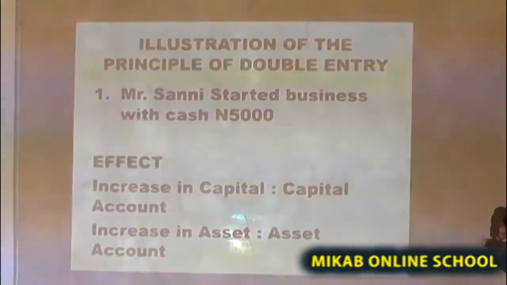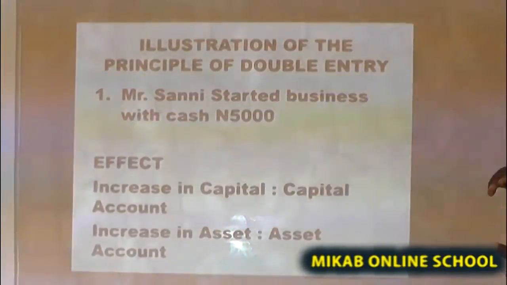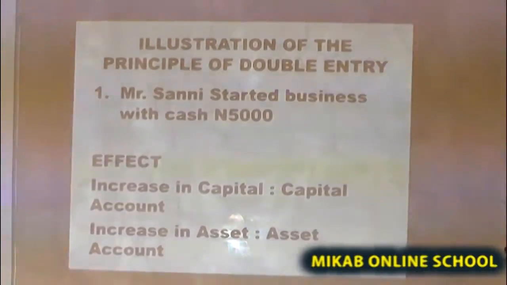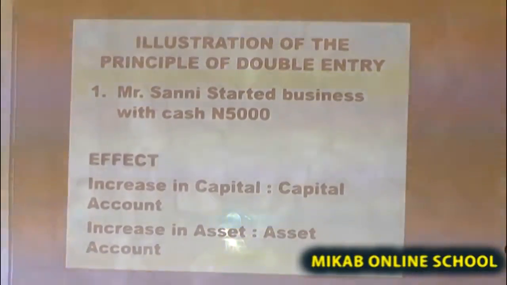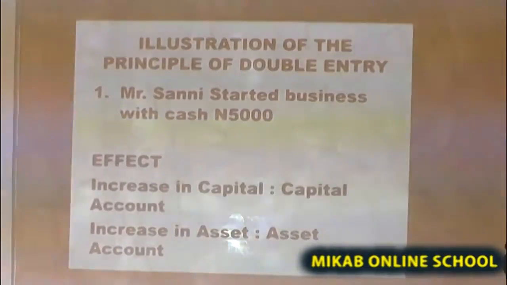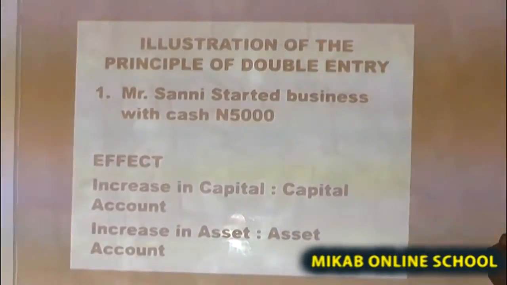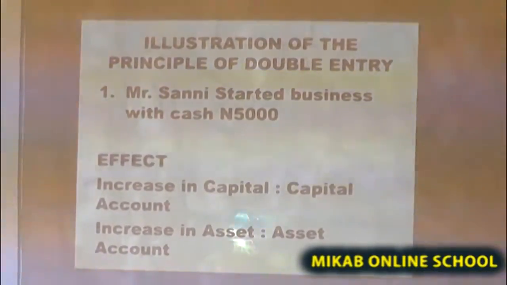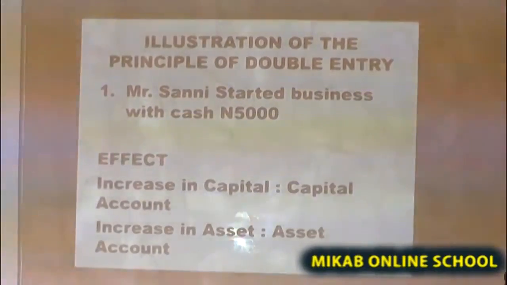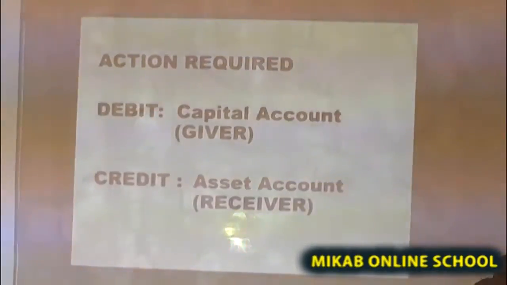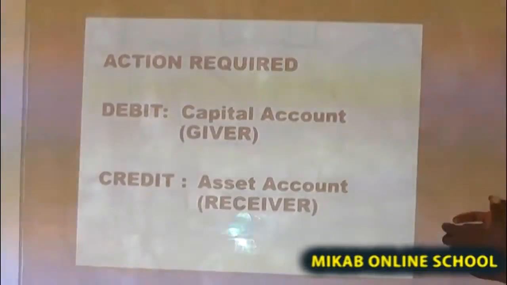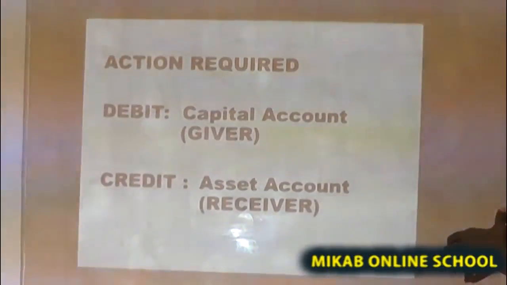Now, the capital account is going to be affected. That is the party involved. There will also be an increase in assets, that is, the asset account. What action is required?